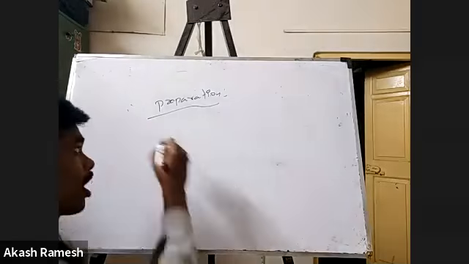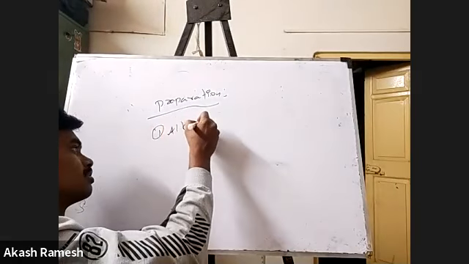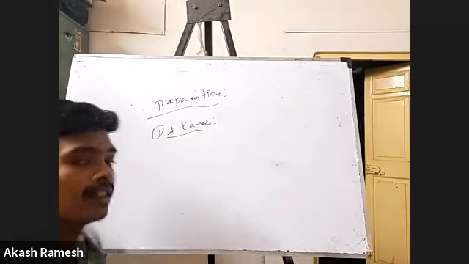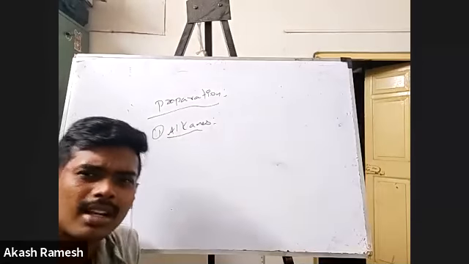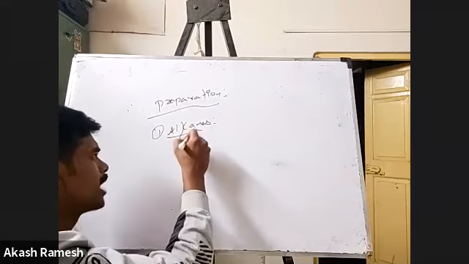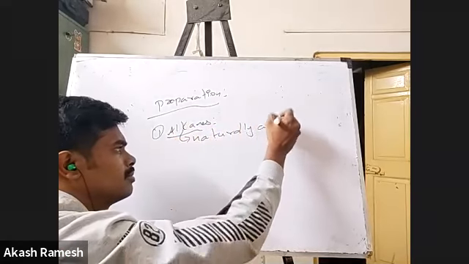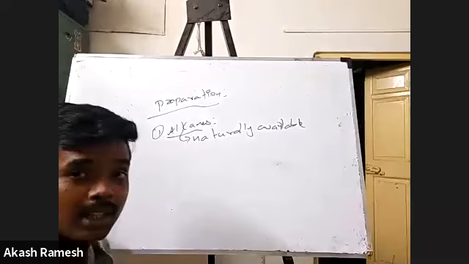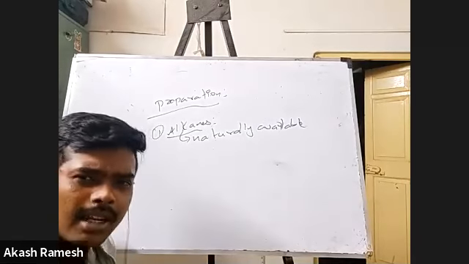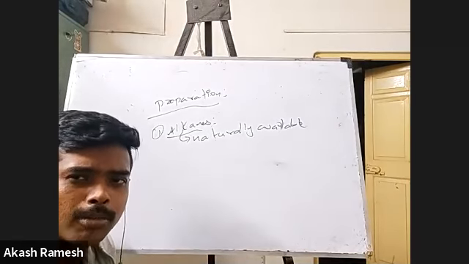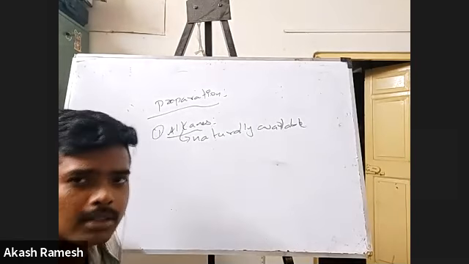Right. First, we're talking about alkanes. So alkanes are generally naturally available. But still, there are some synthetic methods by which you will be able to prepare them, but not all hydrocarbons.